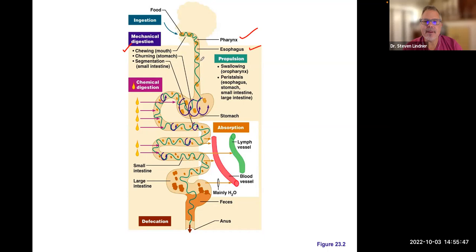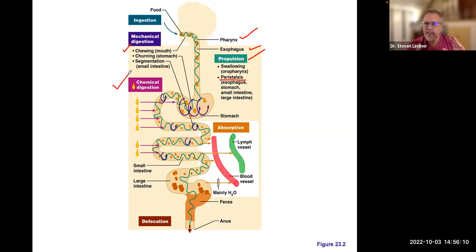Okay, then the food goes down into the pharynx, into the esophagus. And what's happening here in the esophagus is what we call propulsion, where the food is moving down through smooth muscle contractions called peristalsis. And then the food enters into the stomach, where we have mostly chemical digestion.